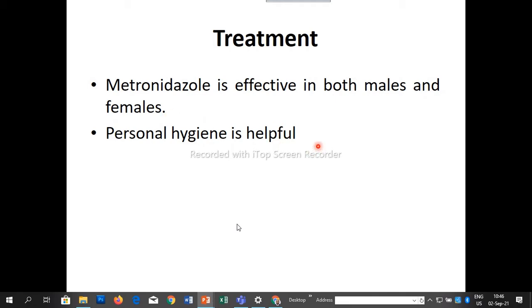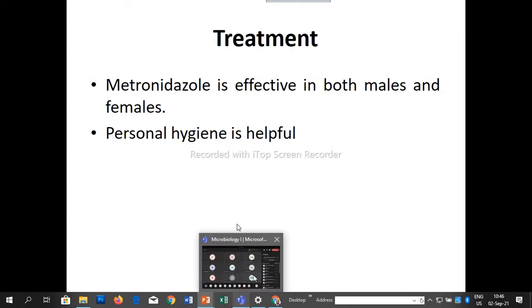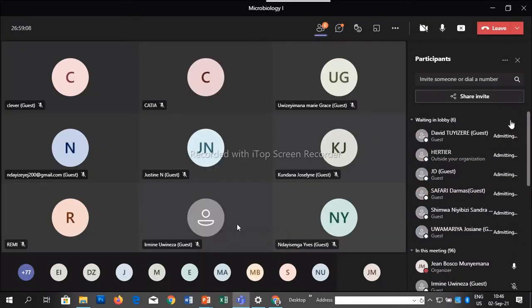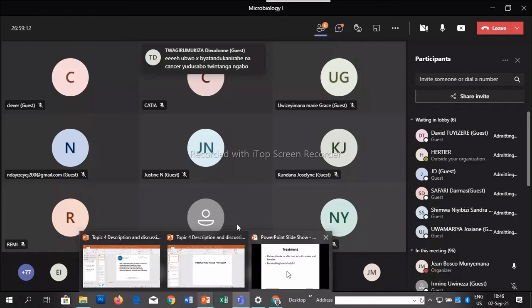That's what really complicates the situation if one partner gets treatment and the other one is not treated. Infection will not go away because you will keep getting reinfected.